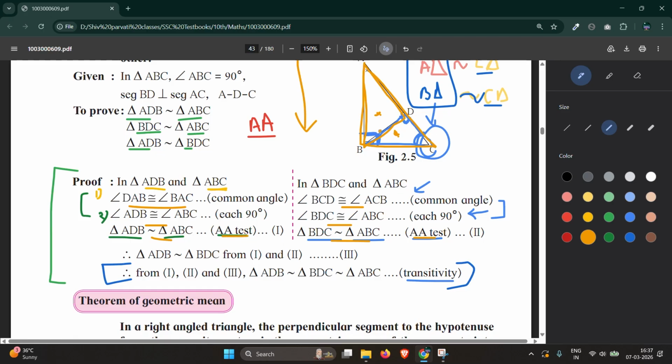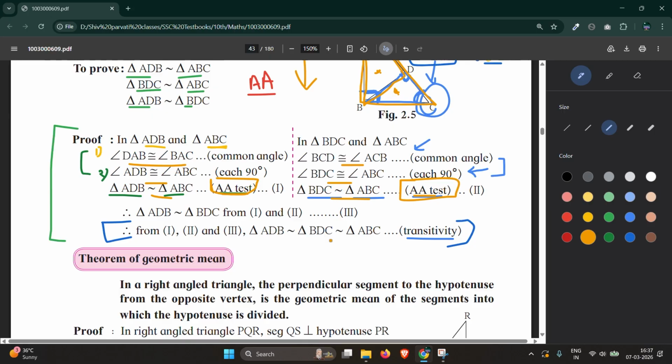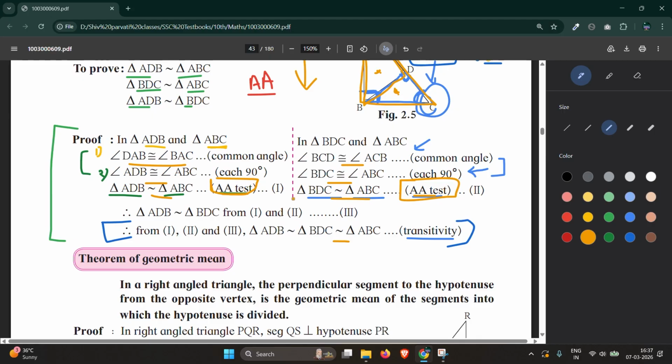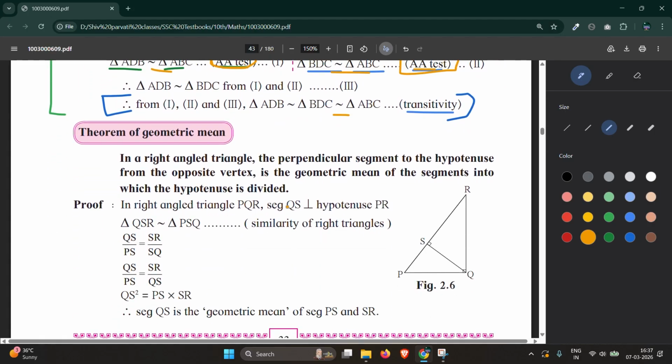We compare each of the smaller ones with the bigger one separately, and for both of these comparisons we just use the double A test. And then at last we just say that since both of them are similar to the original triangle, both of them are also similar to each other. So let's go ahead.